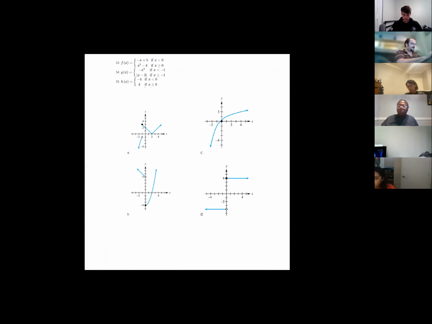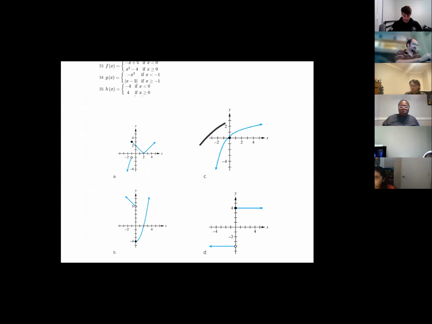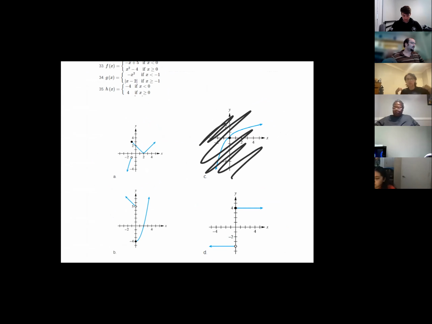Yeesh. So if you told me C on this one, I hope you didn't tell me C. I think C is the extra choice that we actually don't need, right? If we look where the graph is split, this is at -1, this is at 0.